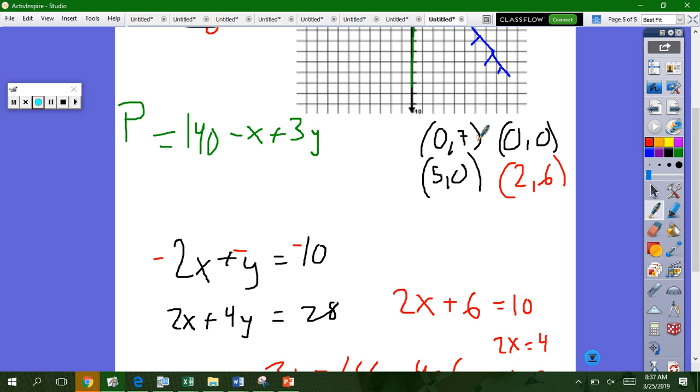So let's plug in 0, 7. So when I plug in 0, 7, 0 for x, 7 for y, I get 140 minus 0 plus 21. So what do I get there? 161. Is everybody with me on that?